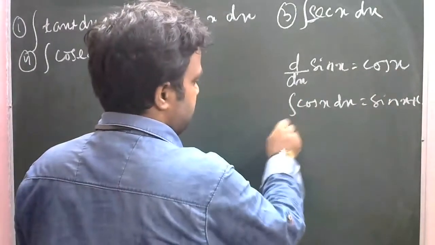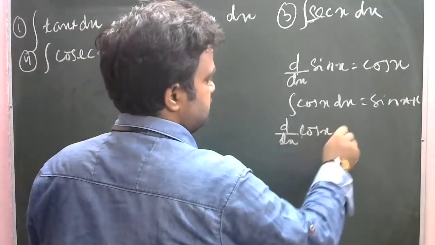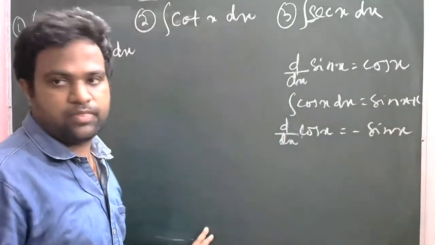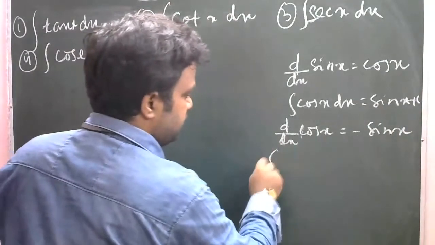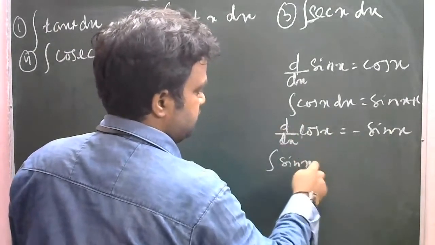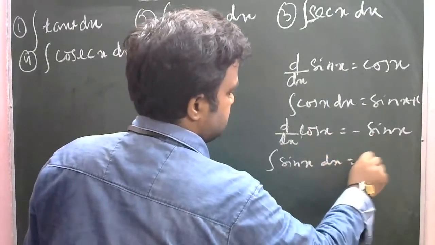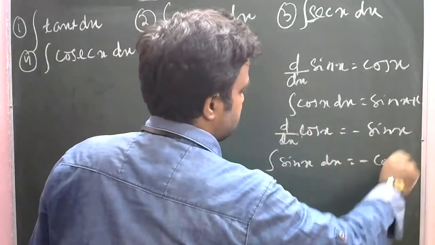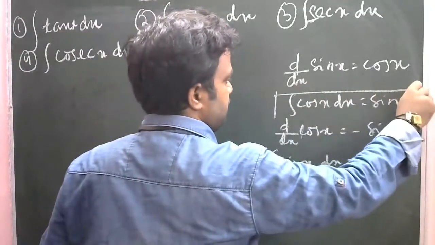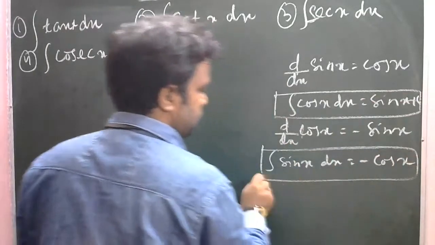Now similarly, the derivative of cos x is minus sin x. So the antiderivative of sin x dx is minus cos x. So the integrals of cos and sine are known to you.